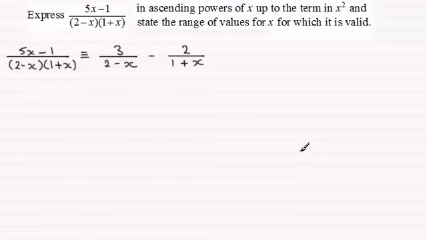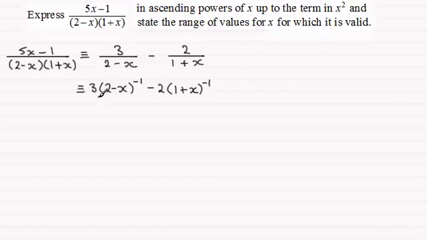Once we've done that first step, what we do next is bring these two denominators up to the top and rewrite them in another form. That would be 3 multiplied with 2 minus x all to the power minus 1. And for this term here, this will be minus 2 times 1 plus x all to the power minus 1.